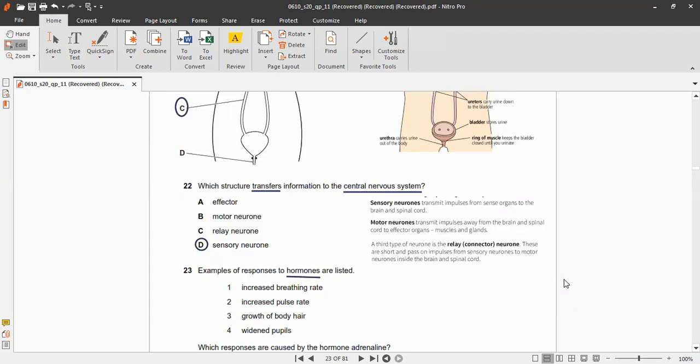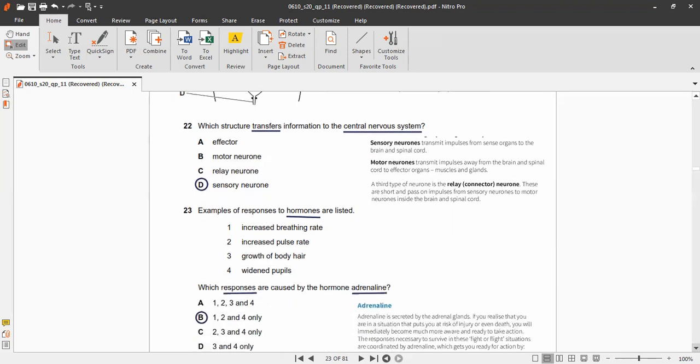Motor neurons transmit impulses away from the brain and spinal cord to effector organs, to muscles and glands. Relay or connector neurons are short and pass on impulses from sensory neurons to motor neurons inside the brain and spinal cord.